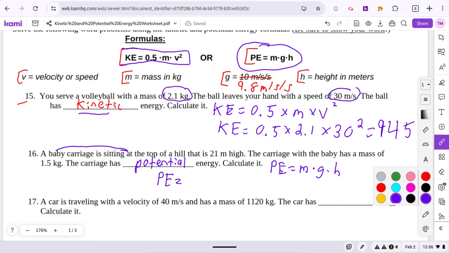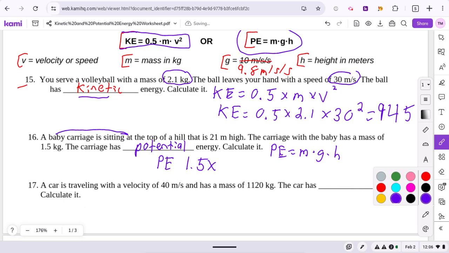So the mass is 1.5 times gravitational acceleration. Remember, I said I'm going to keep it at that 9.8. And then times the height, which is 21.